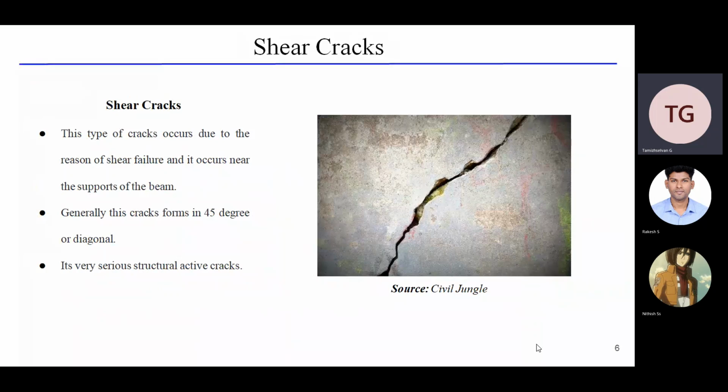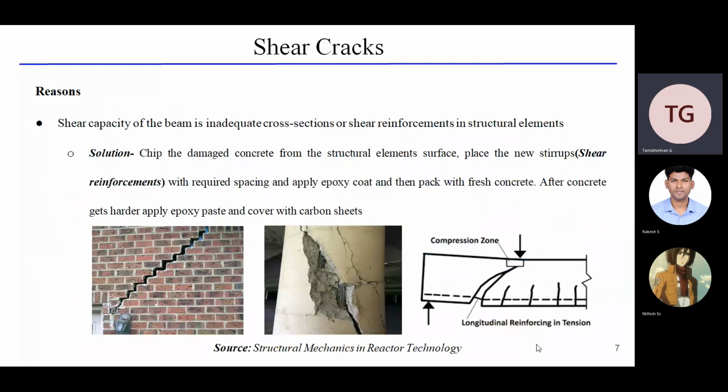These cracks are due to the formation of a shear failure, which occurs near the beams, and generally the cracks are formed at 45 degrees or diagonal. It is a serious structural crack. The reasons which cause shear cracks are inadequate cross section.